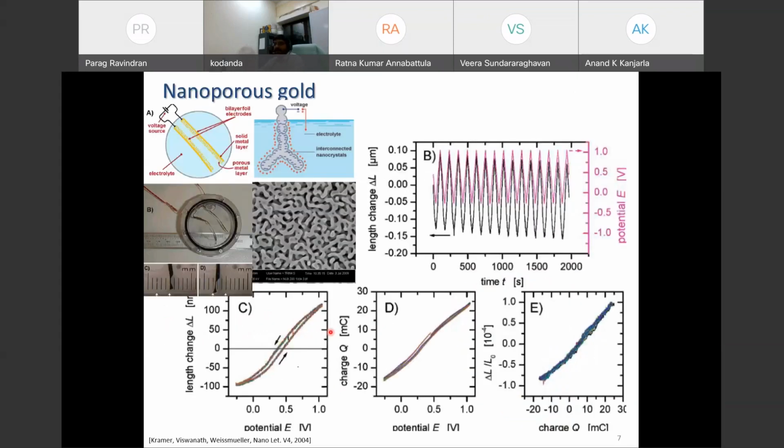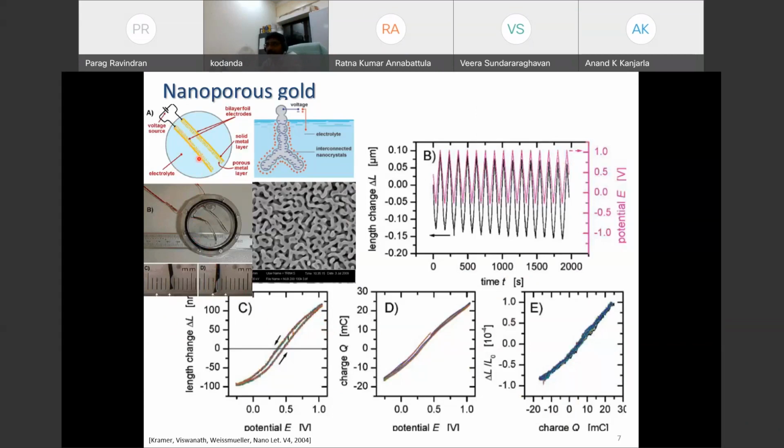So what is this essentially? This is a nice experiment done a while ago. In this experiment, Weissmüller and co-workers took a nanoporous gold leaf, which is actually not entirely porous.